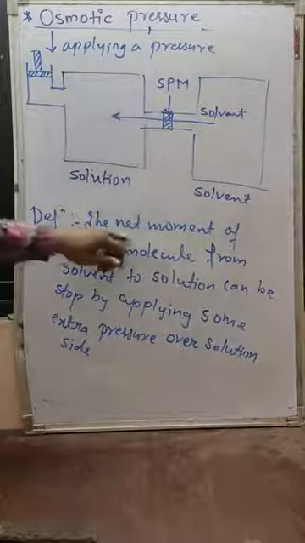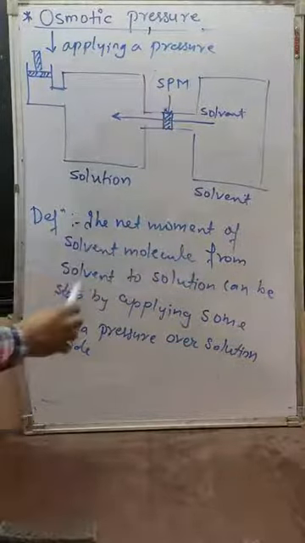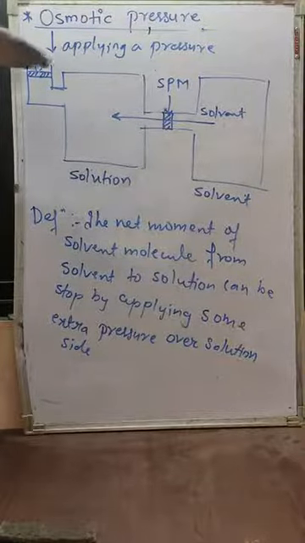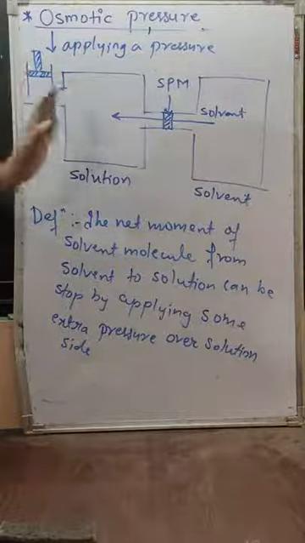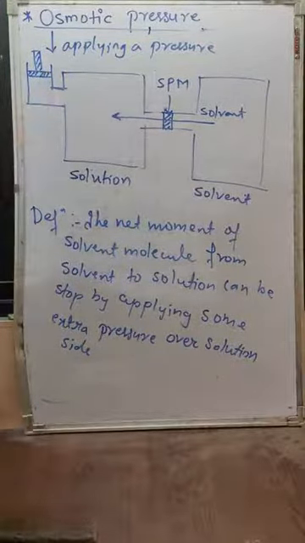Yes, the net movement of solvent molecule from solvent to solution can be stopped by applying some external pressure or extra pressure over solution side, and that is called osmotic pressure.